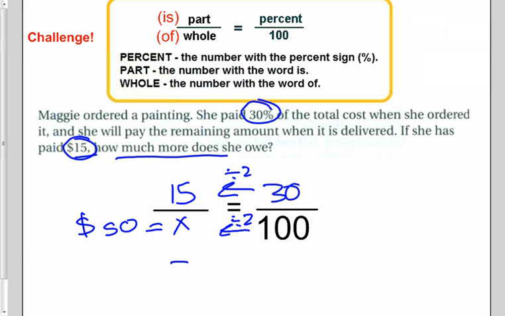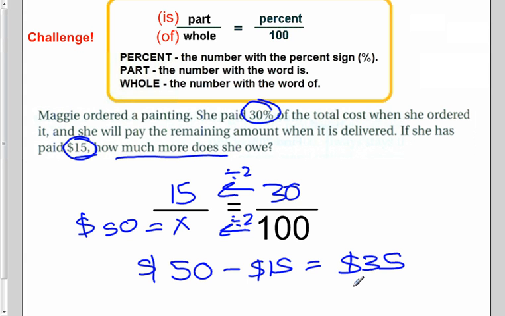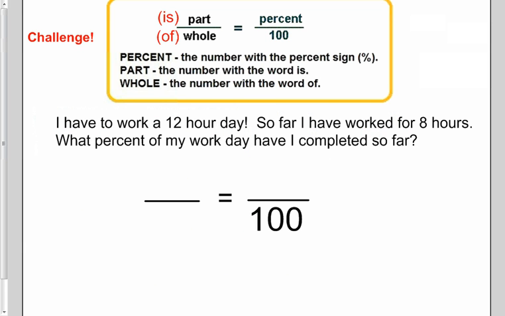So if the total is $50, we're going to subtract the $15 she's already paid, and then I can see that she owes an additional $35. So that was a two-step problem and challenging, but if we just take our time and pull out that important information, we're good to go. Let's do just one more. Okay, I lied. Two more.